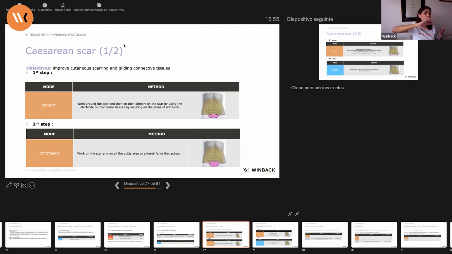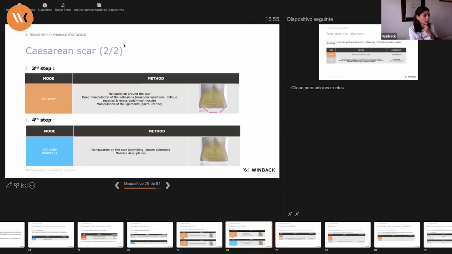We work all around the scar and then directly on the scar using the electrode to mechanize the tissues and to do the mobilization by insisting on the areas of adhesion, always to the middle, okay, not pulling apart the parts of the scar. On the second step, with the dynamic mode, we work on the scar and all the pubic area to the anterior inferior iliac spines, okay? We do all the movements and walk all around the area.